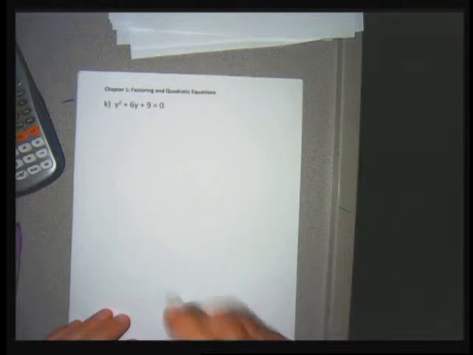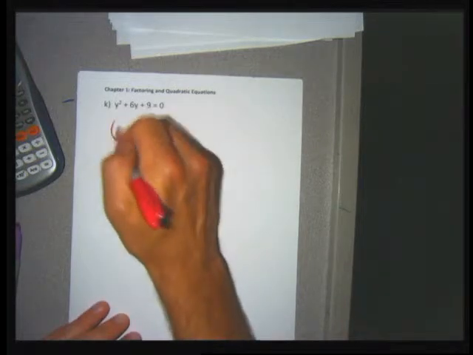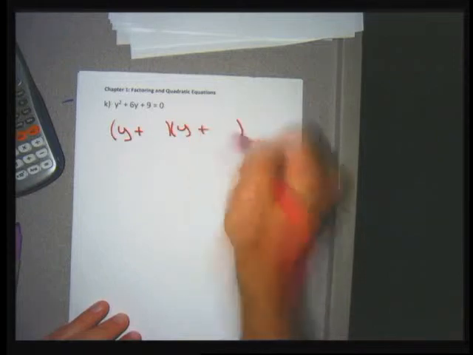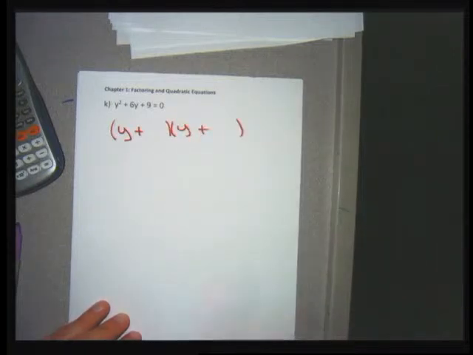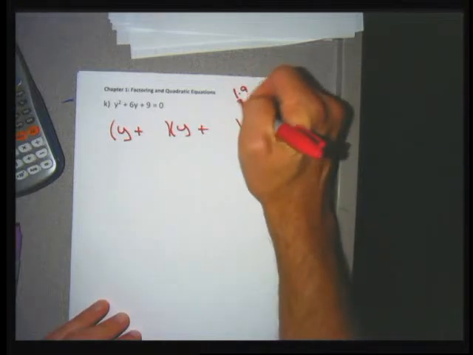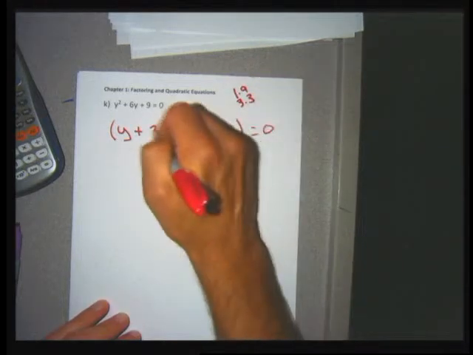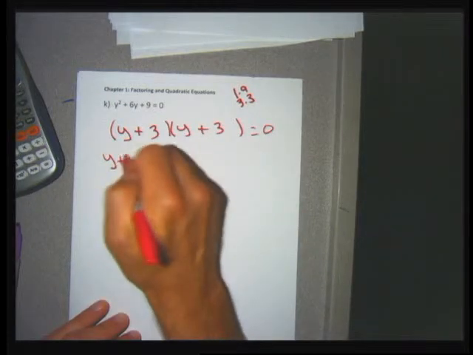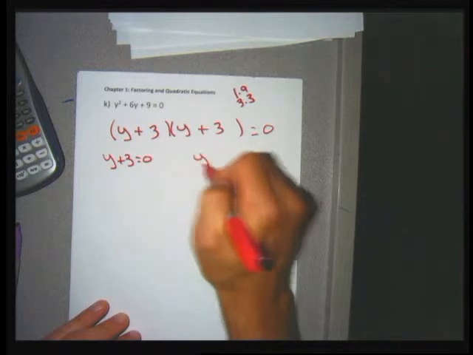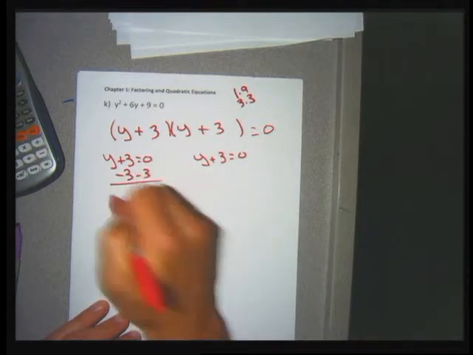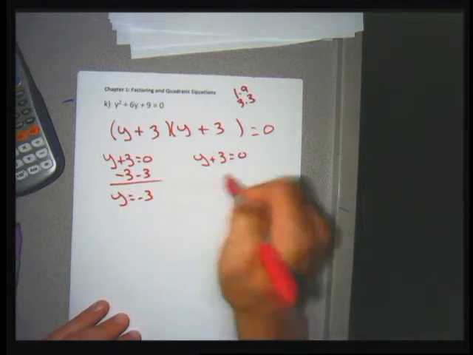So for part K, it's set equal to 0. It's not bottoms up factoring because there's not a number in front of the y squared. And it's double pluses because there's no minus signs in the problem. My choices for the 9 are 1 and 9, or 3 and 3. And 3 and 3 are going to be the ones that work. So I'm going to go y plus 3 equal to 0, y plus 3 equal to 0, minus 3, minus 3, get y equal to minus 3.